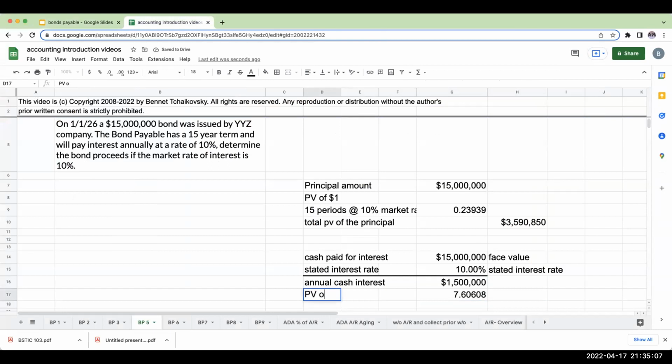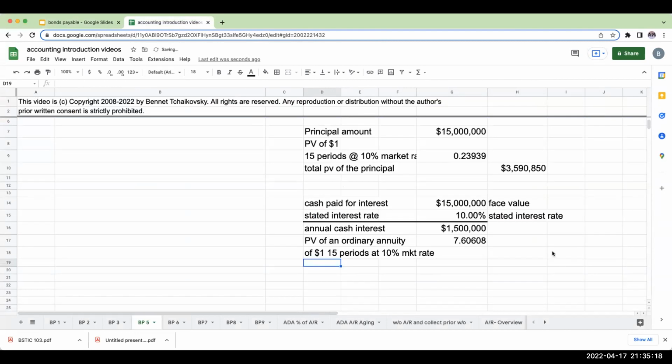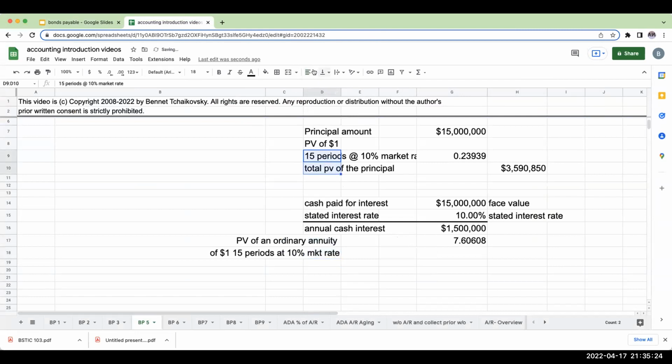So this is the present value of an ordinary annuity of $1, 15 periods at 10% market rate. It's very, very important that whatever you're using as the market rate of interest up here, 10% and 15, you use the same one down here.